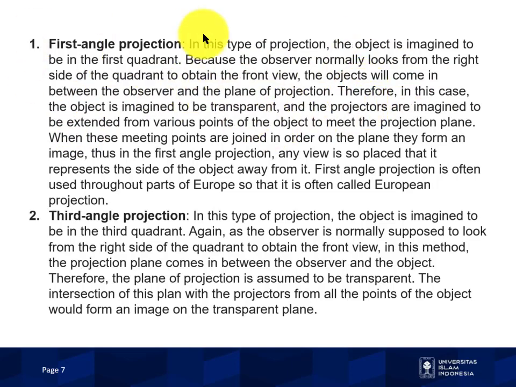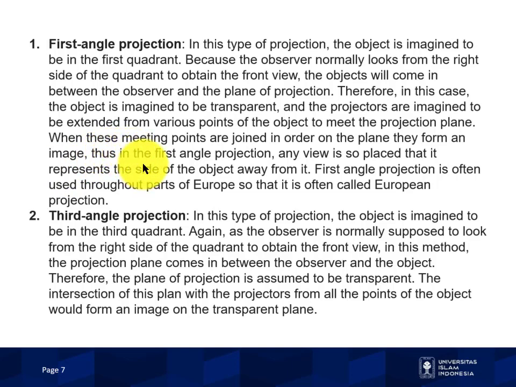Just imagine that. Therefore, in this case, the object is imagined to be transparent, and the projectors are imagined to be extended from various points of the object to meet the projection plane. When these meeting points are joined in order on the plane, they form an image.